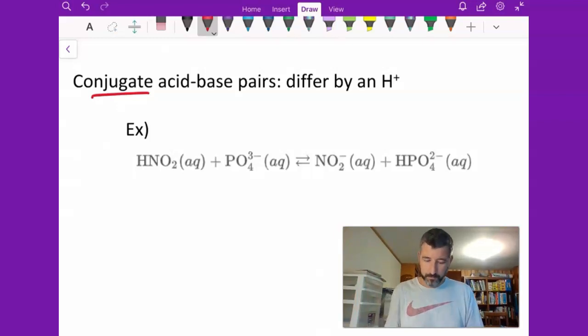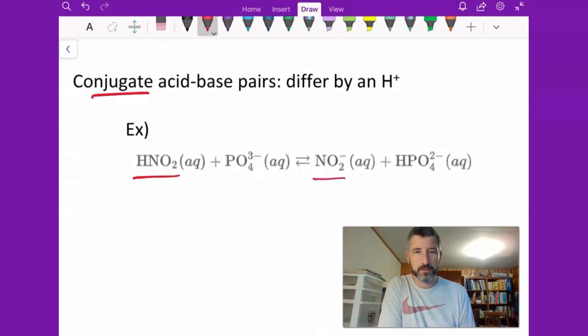So, for example, HNO2 in this reaction is very closely related to NO2 1 minus on the other side of the equation, and they differ by an H plus. In other words, if I took HNO2 and I subtracted an H plus, I donated an H plus, I would get NO2 1 minus, and vice versa. They only differ by an H plus. Therefore, these guys are conjugates of each other.